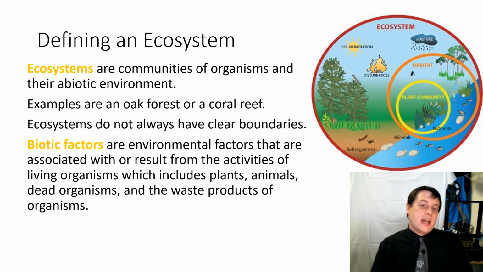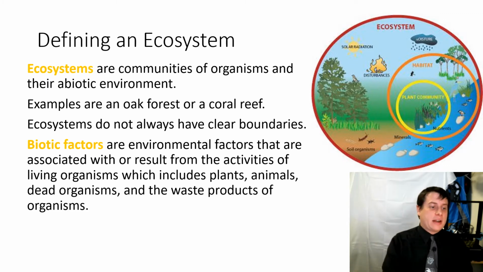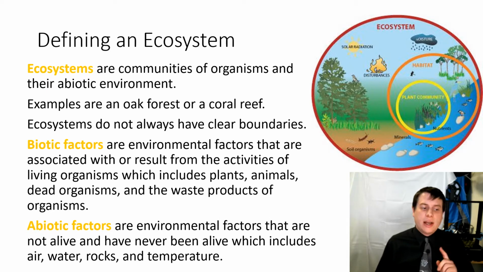Biotic factors then, which are the living things that are in an ecosystem, that's all of the organisms, plus their waste products and any dead organisms that you might have. So what's left over are the abiotic factors, and that includes things like rocks, air, water, the temperature, the amount of sunlight, those kind of things. So abiotic factors are environmental factors that are not and will never be and have never been alive.